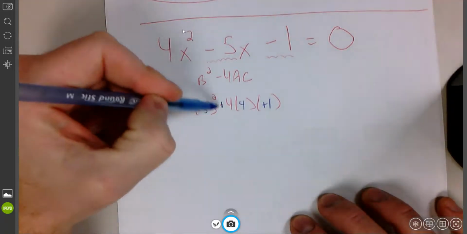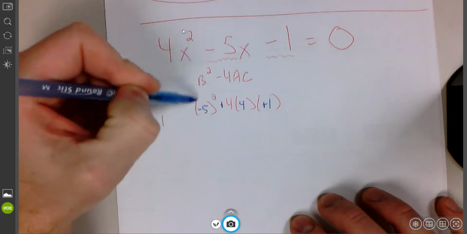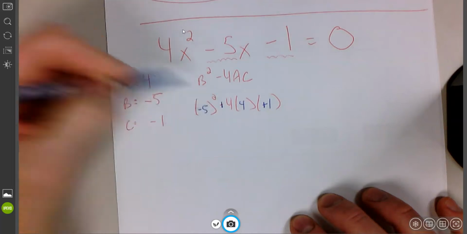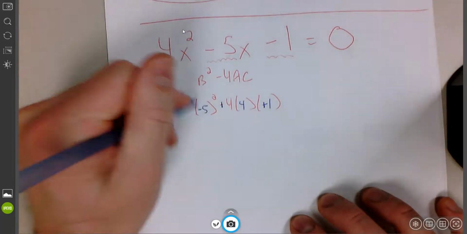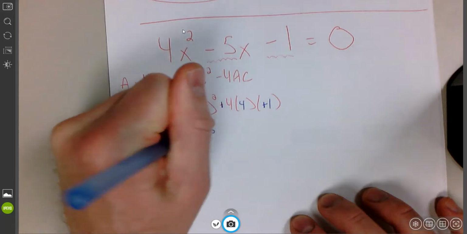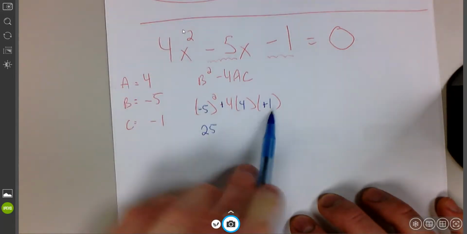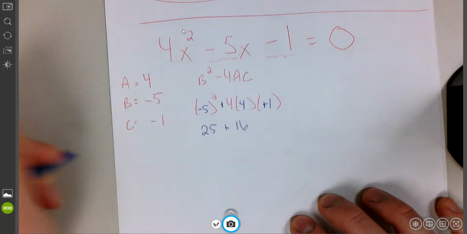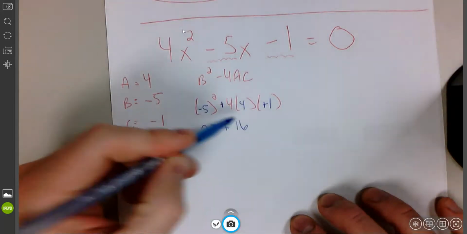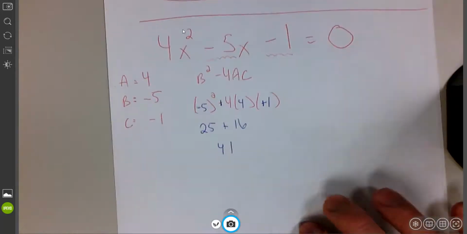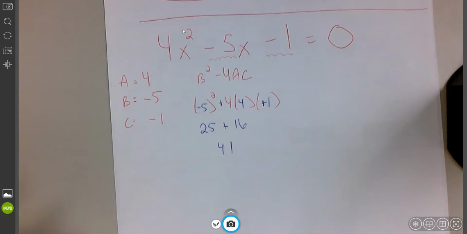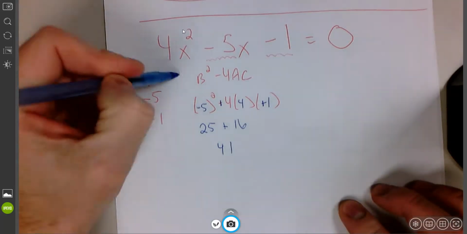We actually don't even need to mess with this one because we're always squaring b squared. So it's always going to be positive. Positive 25, 5 squared. And then we have 4 times 1, that's 16. 25 plus 16. Well, 25 plus 16 is 41. Awesome. So now we found a, b, and c, step 1.